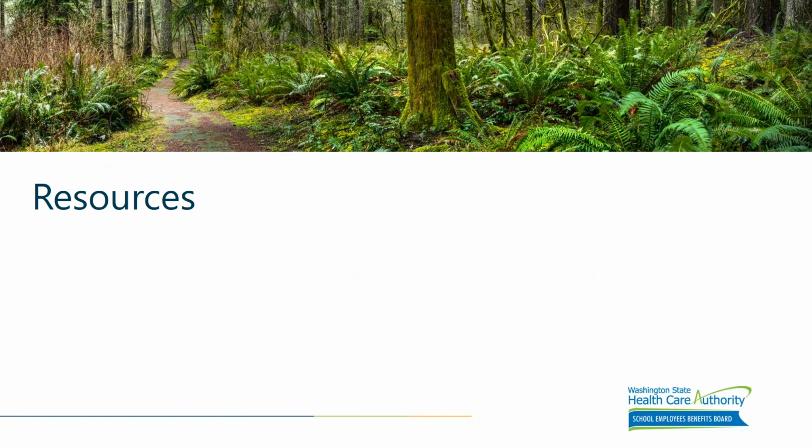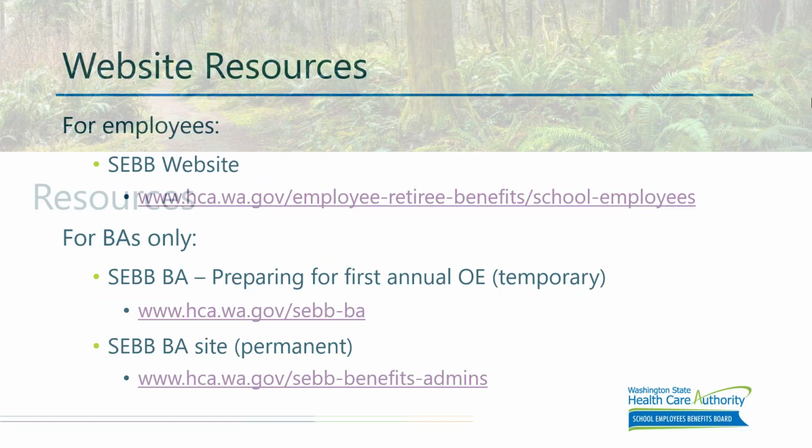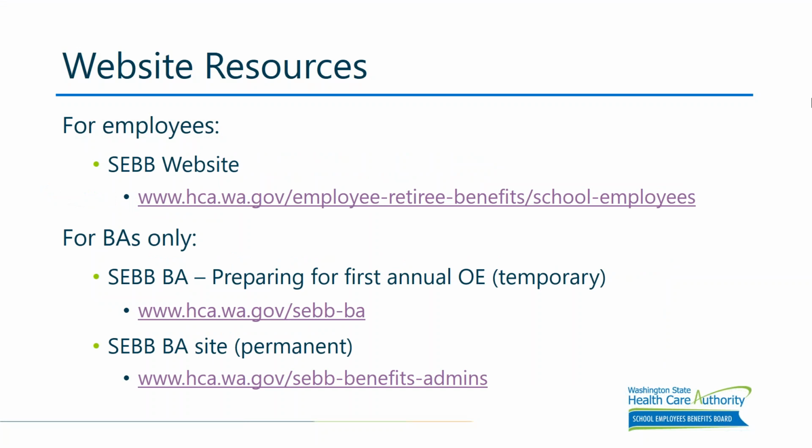All right, let's take a quick look at some resources. There are website resources available that house information on eligible dependents and dependent verification documentation that can be provided, as well as those certification forms for extended and disabled dependents. And those would be located on the SEBB website. This is the main website for yourselves as employees, of course, and for your employees.